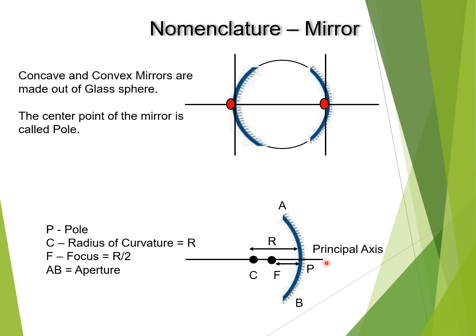The distance between the pole and the center point is called the radius of curvature, and focus of the mirror is half of radius of curvature. And this whole AB is called the aperture of the mirror.